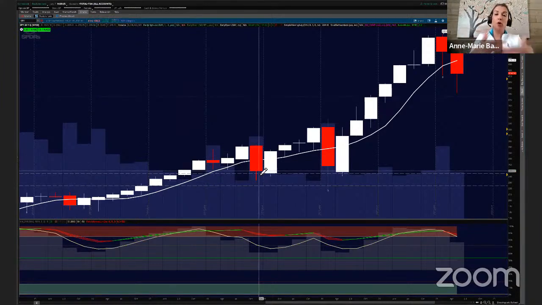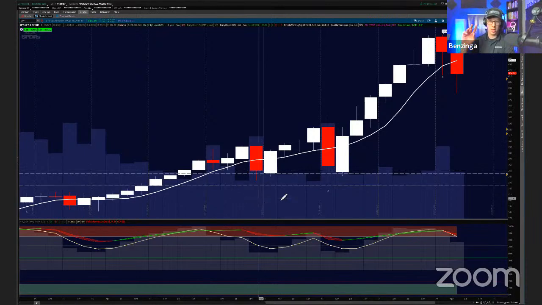Do not put limit orders down at the bottom of support until you know that that support has held, unless you are a scalper and you have very defined risk. That's supremely important. That was a golden nugget right there.